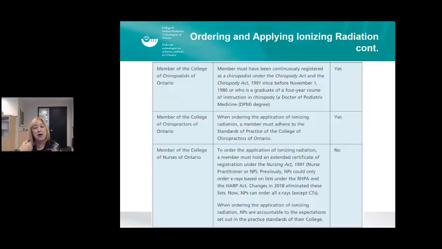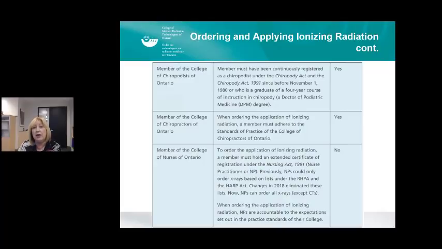So a member of the College of Chiropodists, so they're the feet people, are authorized to order and to apply. Also a member of the College of Chiropractors can order and apply. A member of the College of Nurses in the extended class, so that's a nurse practitioner, is able to order x-rays except CTs.